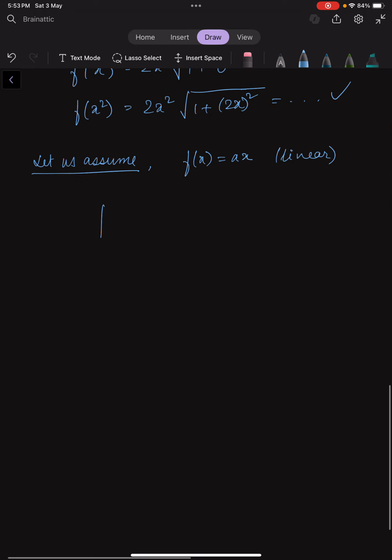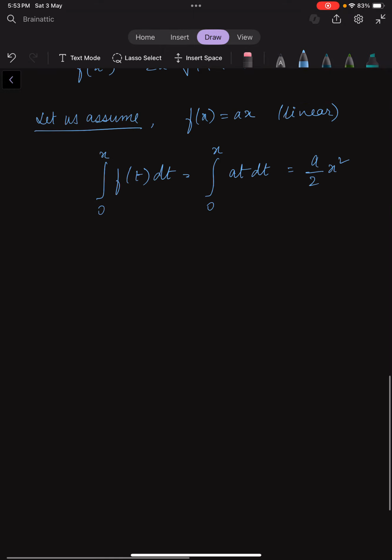Then we have integral over 0 to x f of t dt is equal to integral over 0 to x at dt, which is nothing but a by 2 x square. So this is your left hand side.